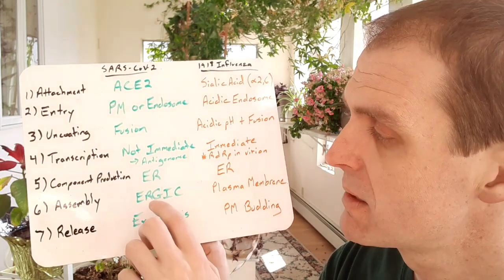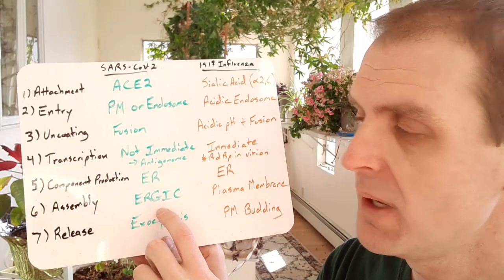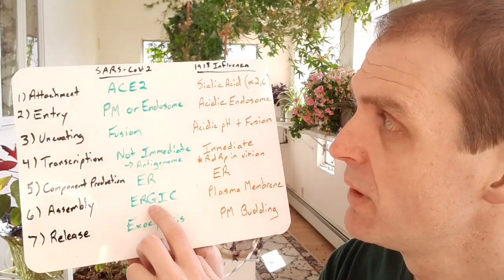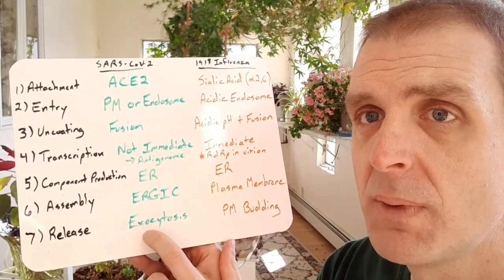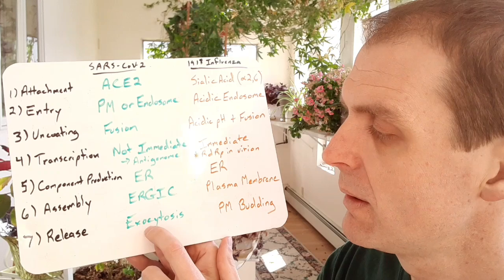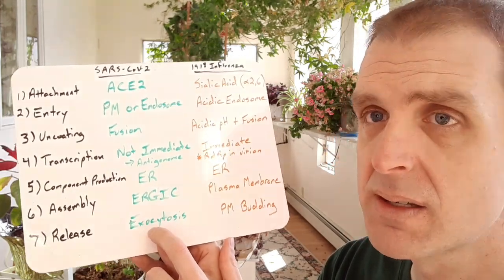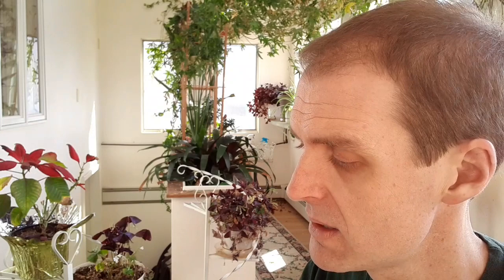In contrast, assembly happens within the lumen of the ER membrane, endomembrane system with the SARS-CoV, and so then you actually have vacuoles connecting with the plasma membrane, and you have exocytosis of those viruses. So a lot of slight differences between those two viruses as far as their replication cycle goes.